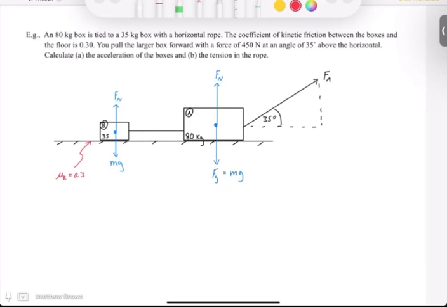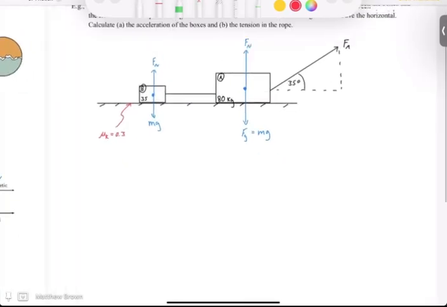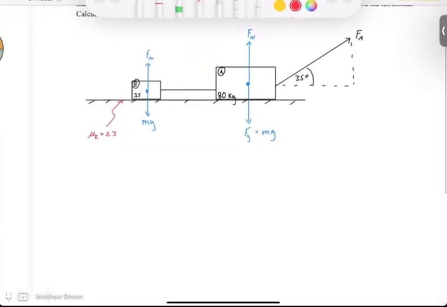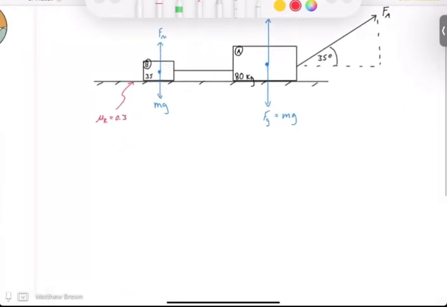So if I want to figure out the acceleration of the boxes, can I look at this as one system? Yeah, absolutely. As far as part A is concerned, I can just look at this like it's one system that's moving. So I've just got a combined mass here.